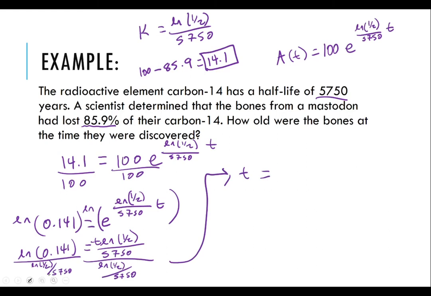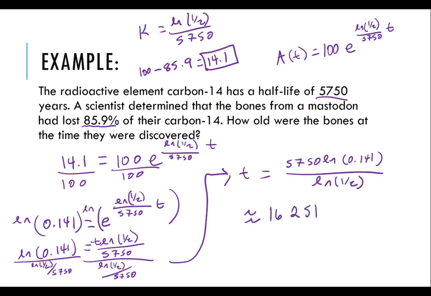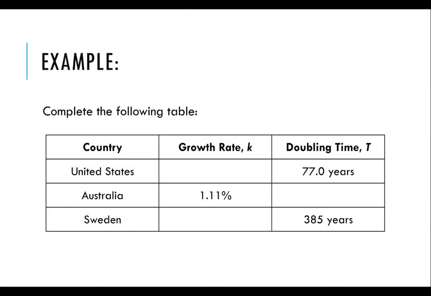Then notice that I have fraction division, which becomes fraction multiplication, which is then 5,750 times the natural log of 0.141 divided by the natural log of a half, which I get to be approximately 16,251 years old.